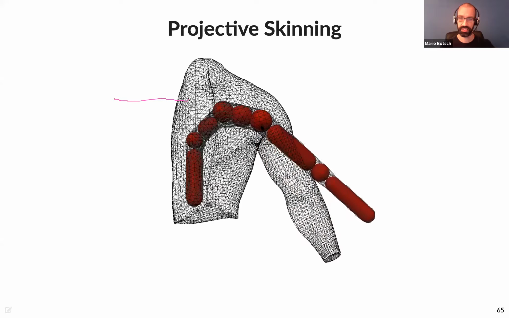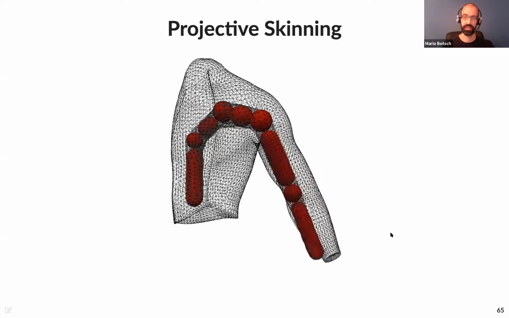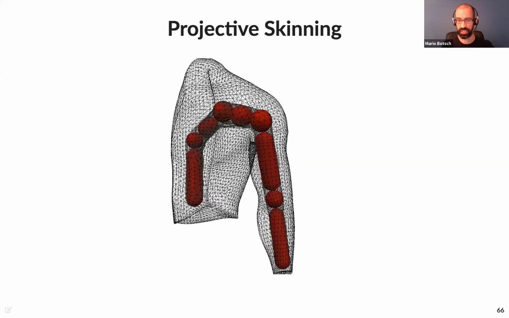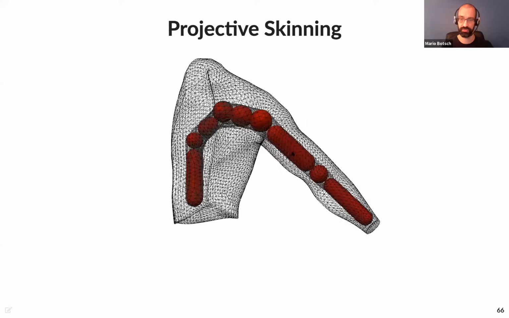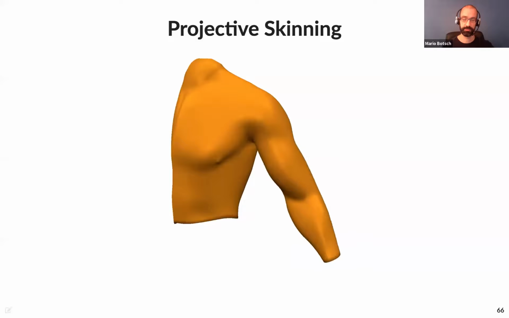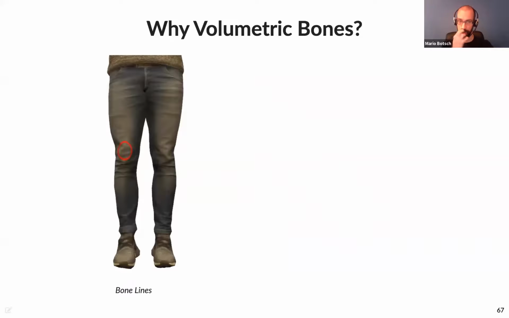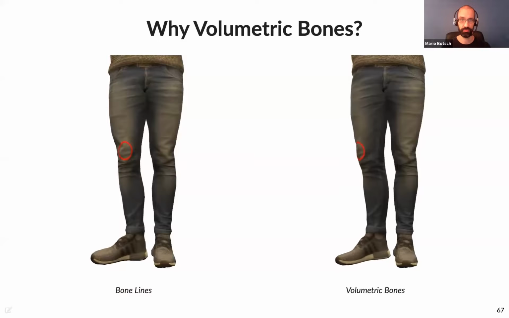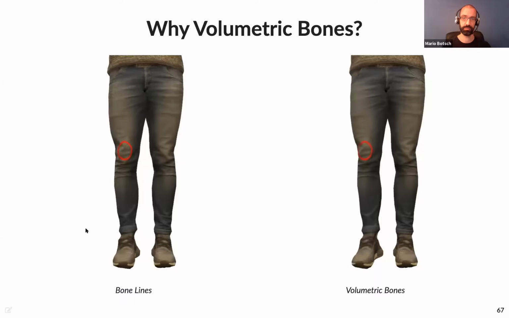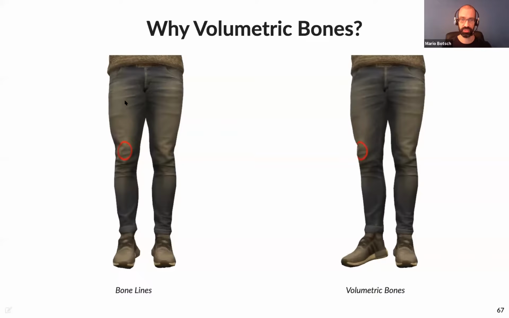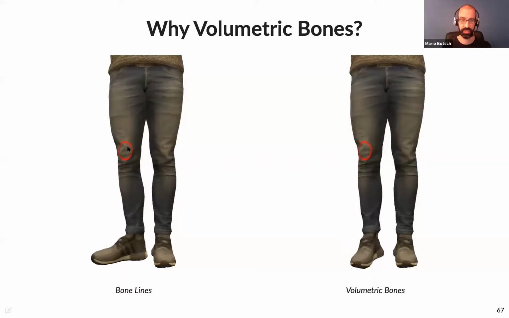So now the skeleton moves, and if we start the simulation, then also the skin moves, because we do have the volumetric tissue in between. So let me show you on this example that the volumetric bones are important. On the left, we see just the bone lines, as we typically do in mesh skinning, where the bones are just an infinitely thin line.